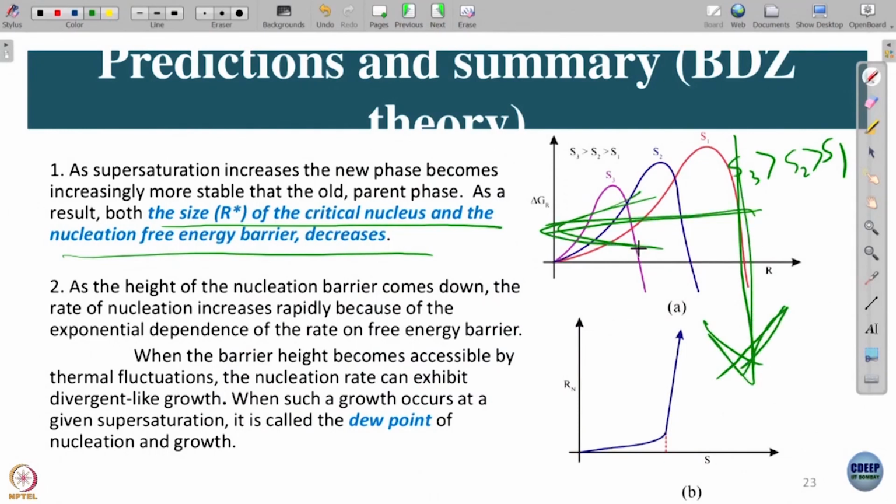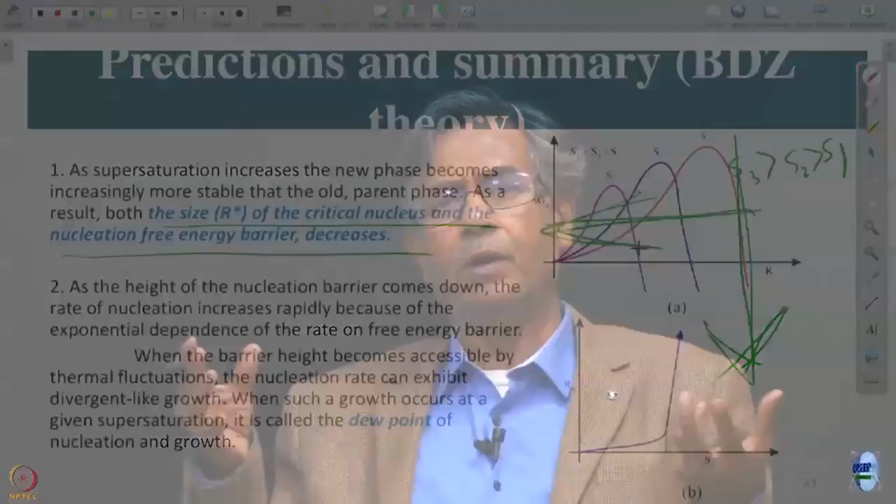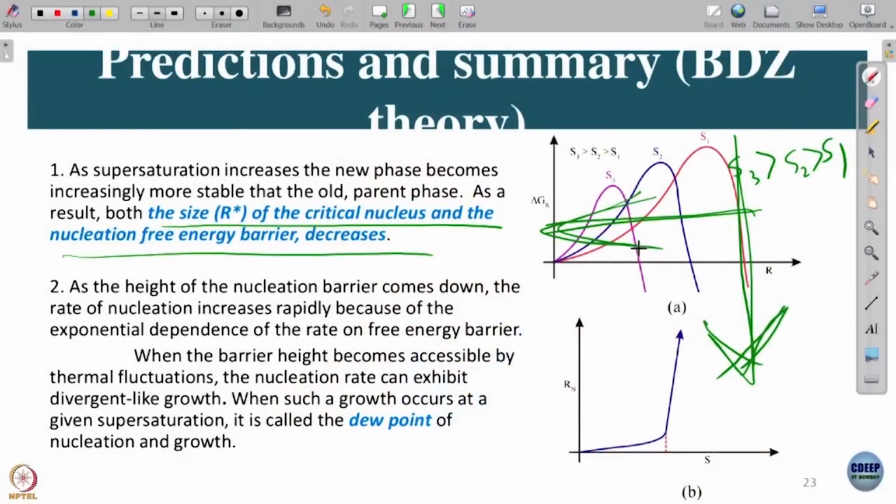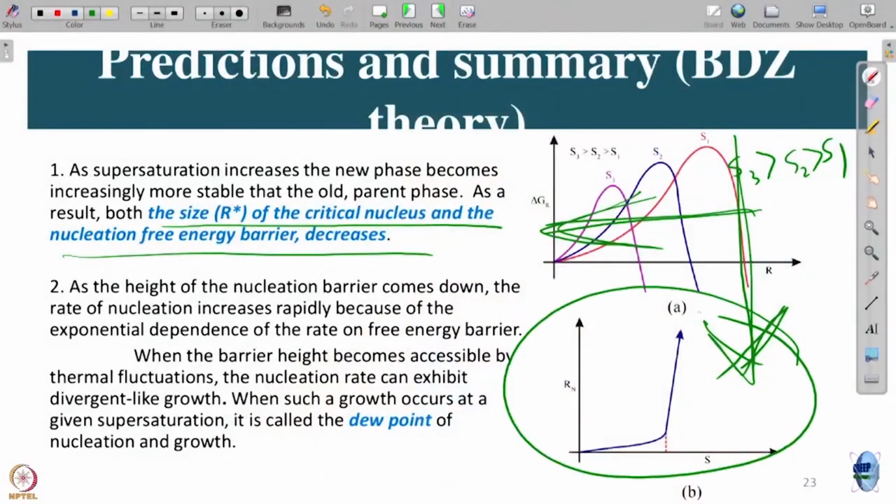Then what is really interesting is that you find nothing is happening, you go on, and suddenly it becomes explosive, as shown here. The rate of nucleation suddenly increases, because the barrier has to come down to a level where thermal fluctuations can access it, and that exactly happens. So, this is a very important picture of nucleation theory.